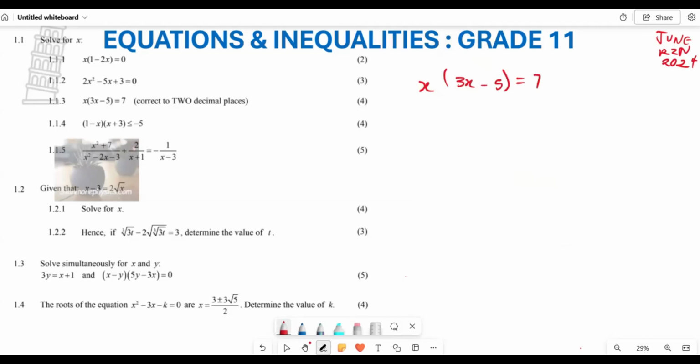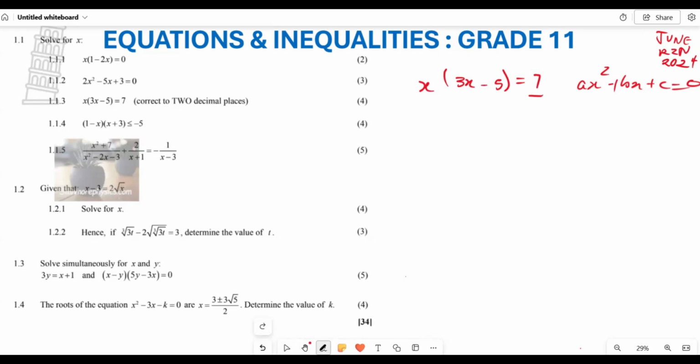And now what can I do from here? I cannot solve this before I write it in standard form. Remember our standard form is ax squared plus bx plus c is equal to 0, right? So from here, I need to start by multiplying back and then writing everything in standard form.